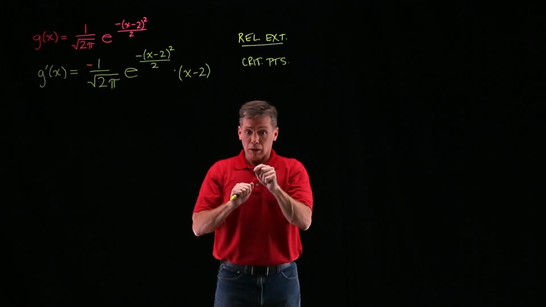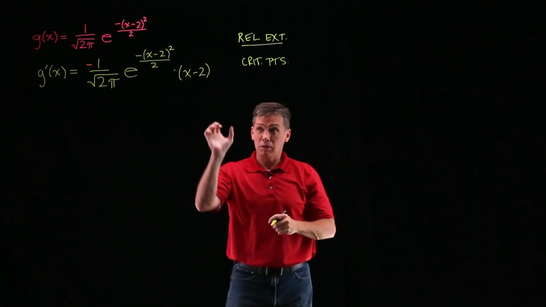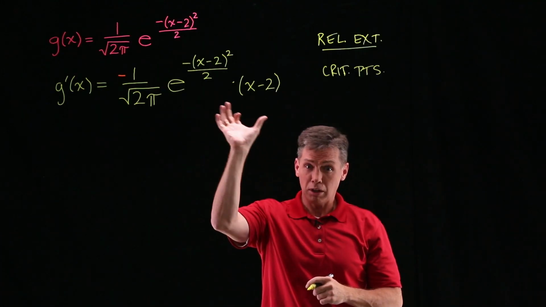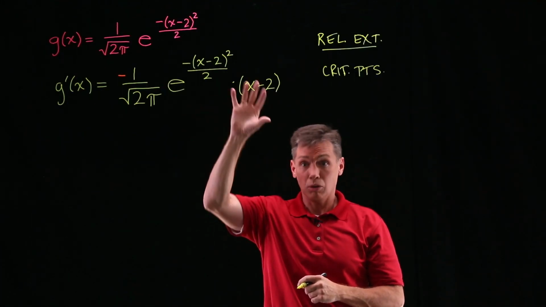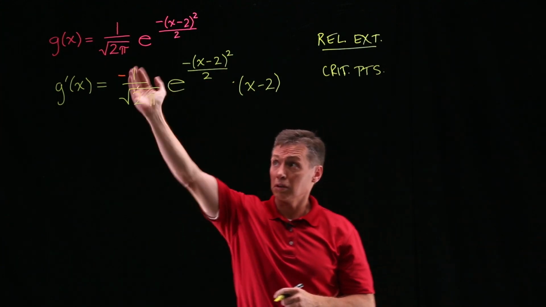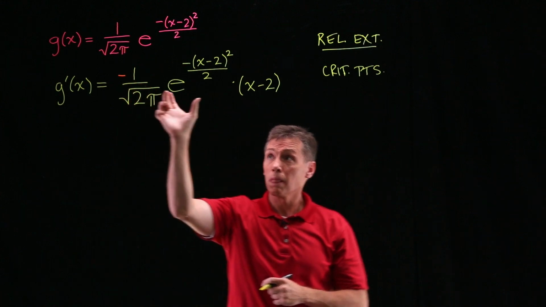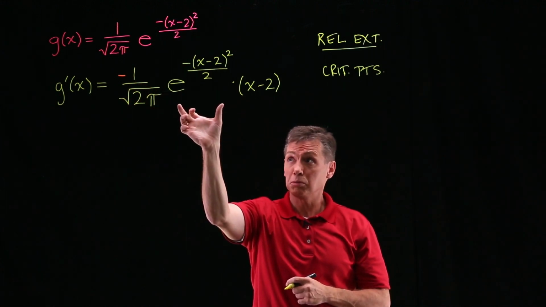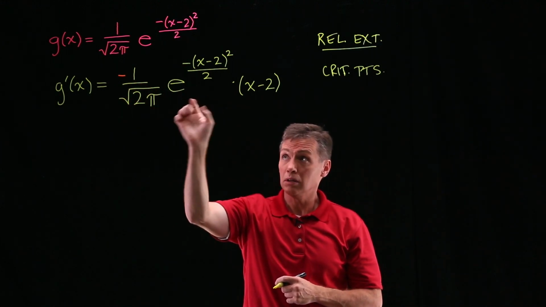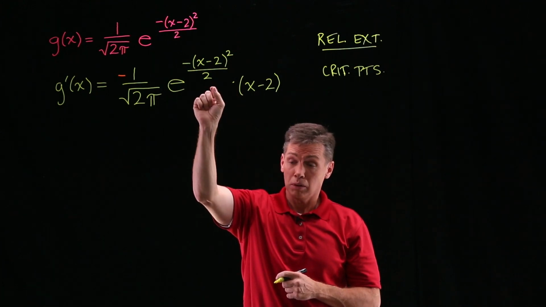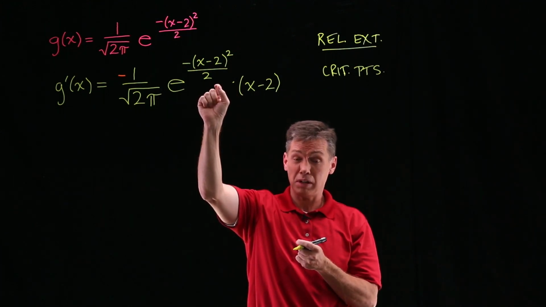Okay. Now the first one that I mentioned there, the derivative not existing, is not an issue here. Okay. I know it's kind of involved looking, but the first chunk of it is just a constant. I'm not worried about that at all. The next chunk of it is this exponential expression, e raised to a power. We'll never have the issue of being undefined.